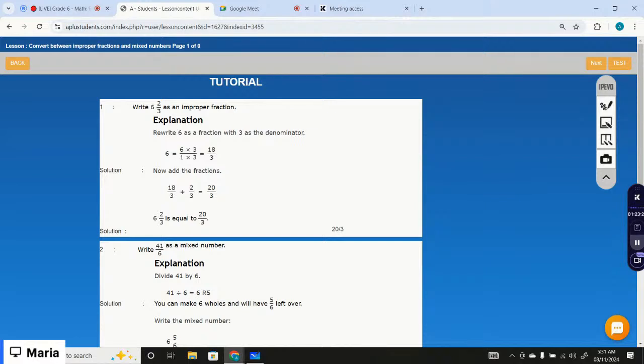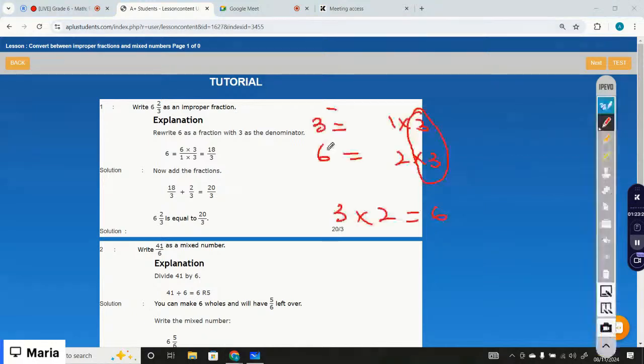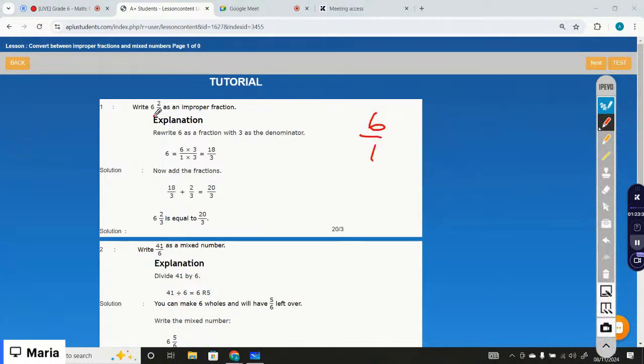Write the whole number. You can write 6 as 6 over 1, multiply it by the denominator, that is 3. So 18 over 3, right? Now add 18 by 3 and the fraction is 2 by 3. So that would be 20 over 3.